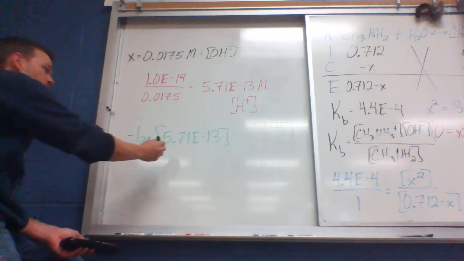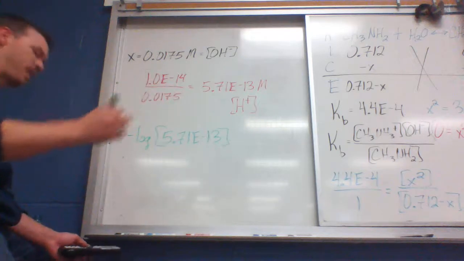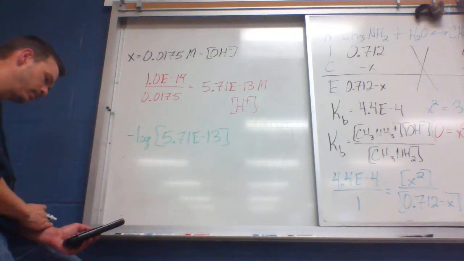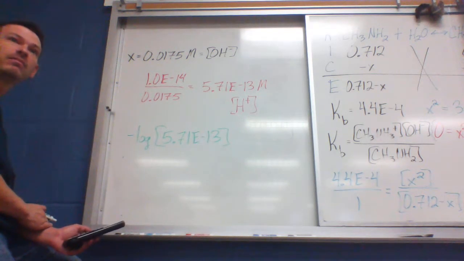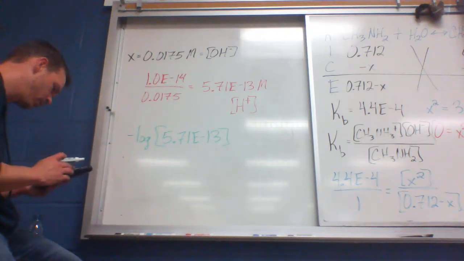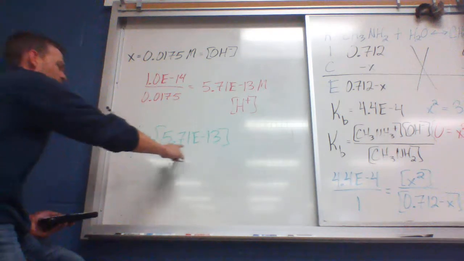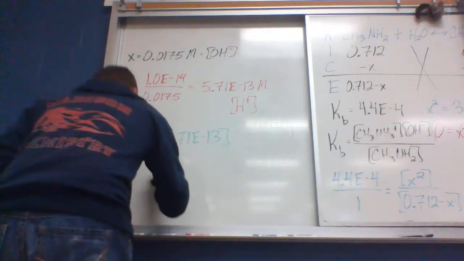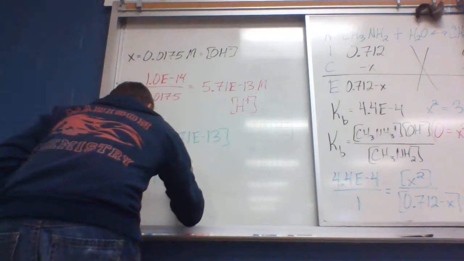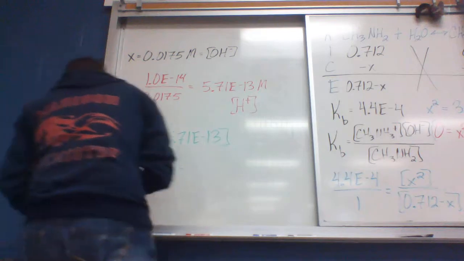Well, we have 3 sig figs, so we have to go 3 numbers past the decimal. Yeah, I got 0.243. I wonder what I typed in. Oh, I didn't put the 1 in there. So pH, therefore, equals 12.243.